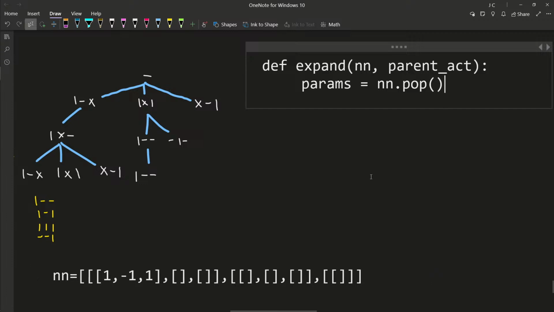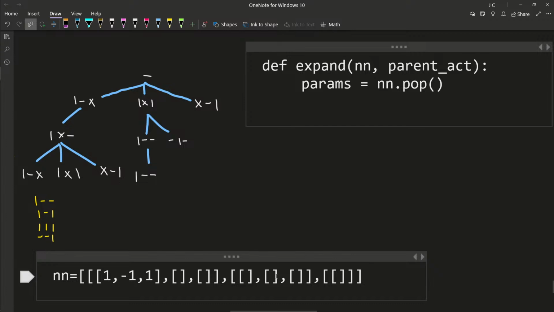Although also, every branch needs to have its own copy. But anyway, then you pop off the back. Right. And then, yeah.